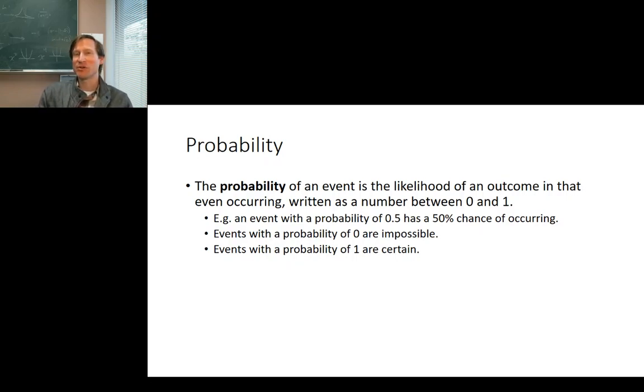So for example, 0.5 as a probability means that that event has a 50% chance of occurring. There are events that have no chance of occurring, and the probability for those would be 0. Those are impossibilities. And any event that has a probability of 1 is certain to occur. Those are called certainties. Notice that if you ever get a negative number or a number bigger than 1 for a probability, you have definitely done something wrong.